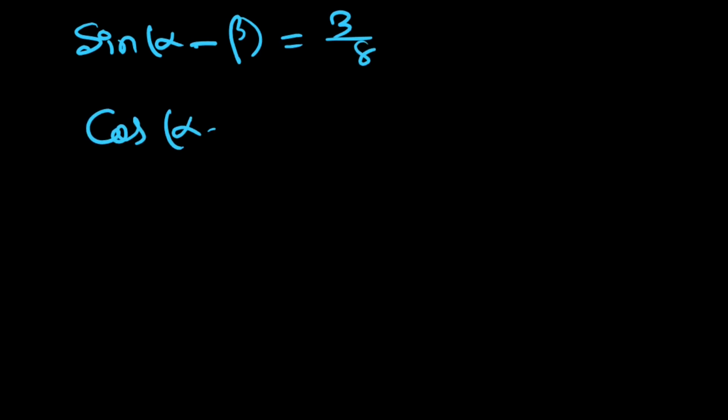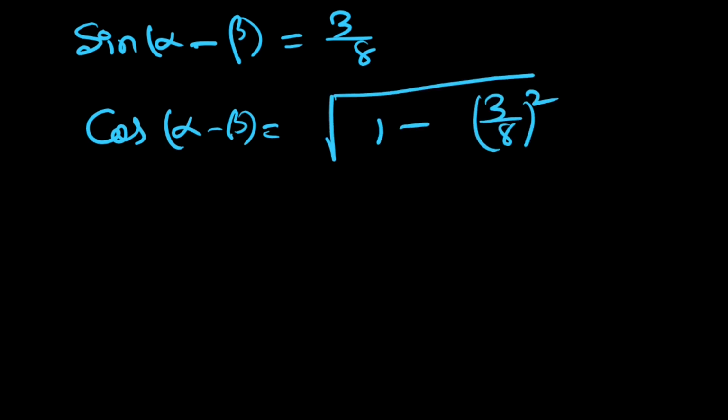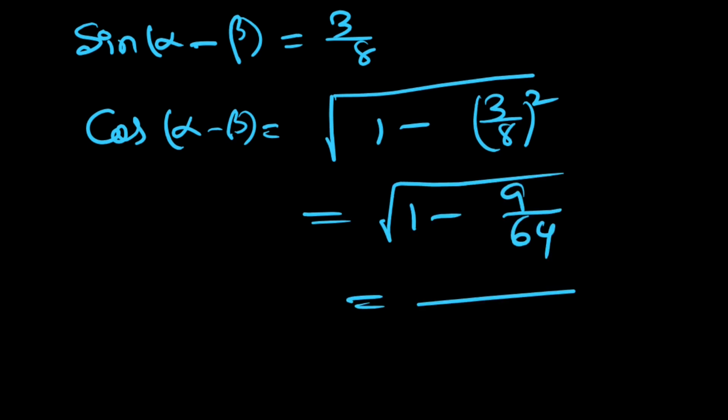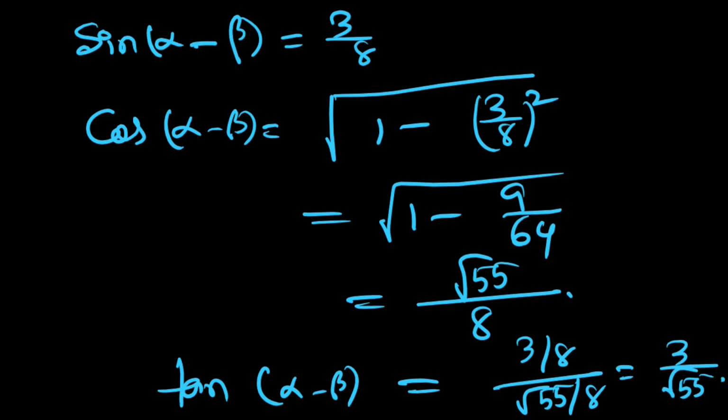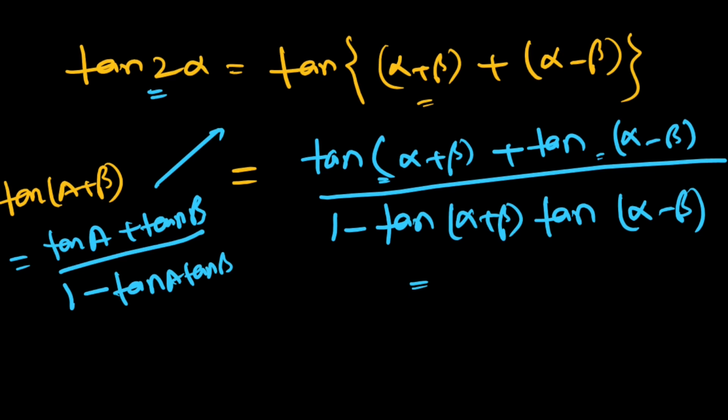Also given that sin of alpha minus beta is equal to 3 over 8, therefore cos of alpha minus beta is equal to root under 1 minus (3 by 8) whole square, that is actually root under 55 over 8. Therefore tan of alpha minus beta is equal to 3 by 8 divided by root under 55 over 8, which is 3 over root under 55. Now we put the values of tan of alpha plus beta and tan of alpha minus beta here.